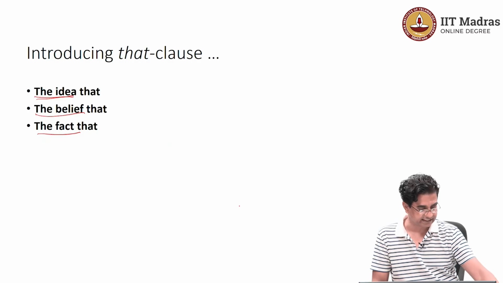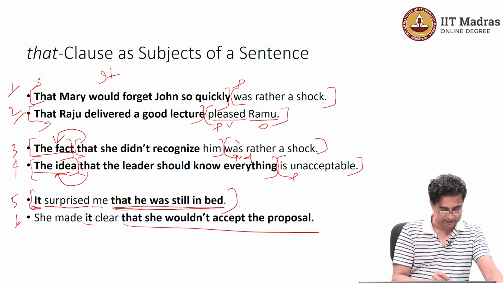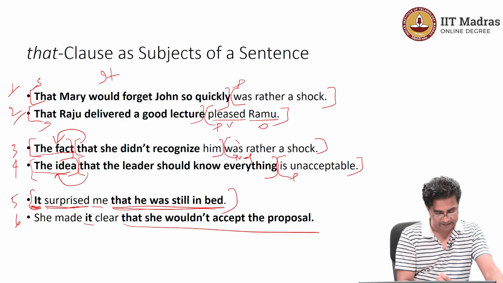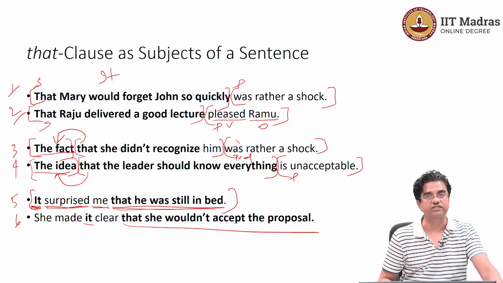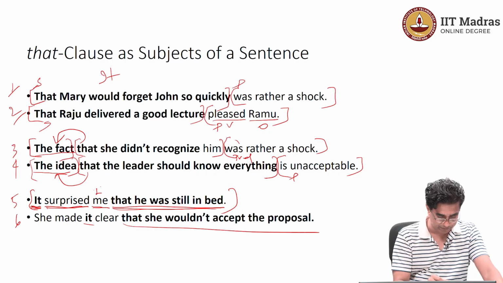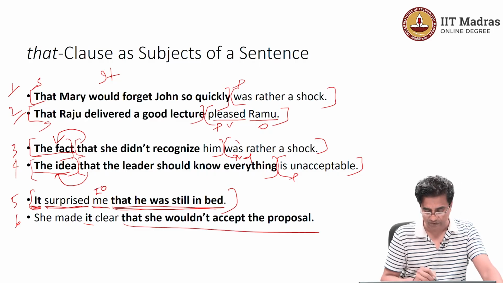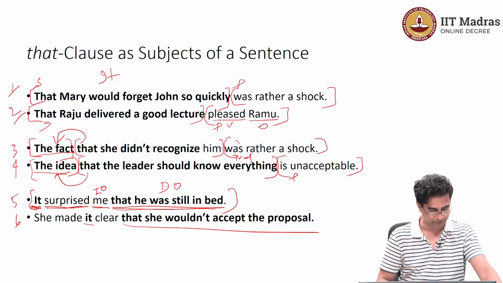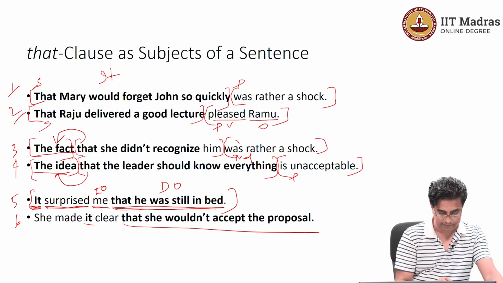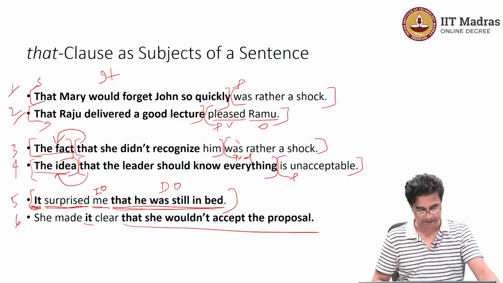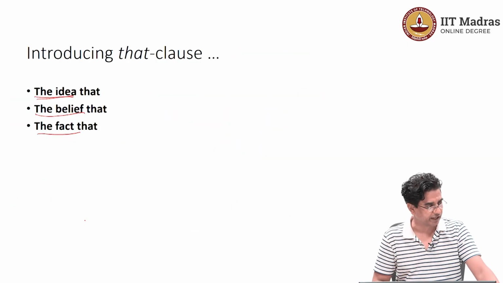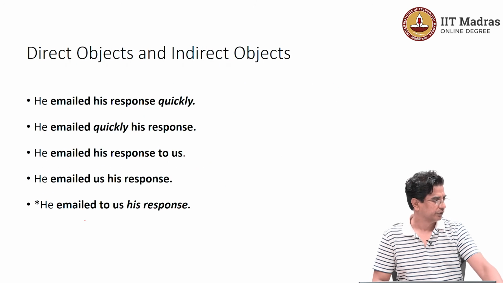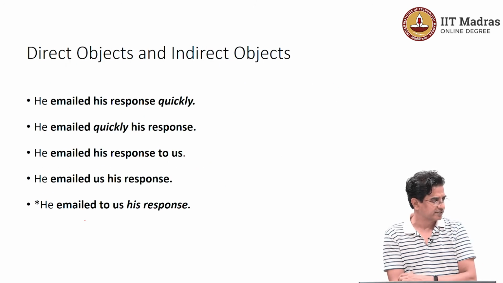And you have seen that here: it surprised me that he was still in bed. So, this is the subject, surprise is the verb, me is the indirect object, and that he was still in bed is the direct object. Make is another type of sentence. So, I just wanted to make it clear to you. Now, look at some of the examples.